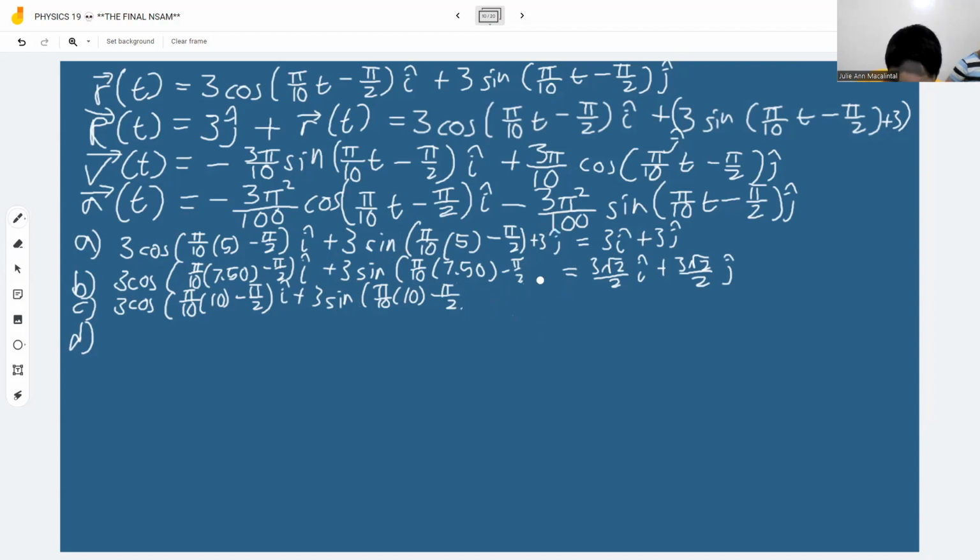So yung buong bracket is going to be around yan. So close plus 3. Teka, okay.